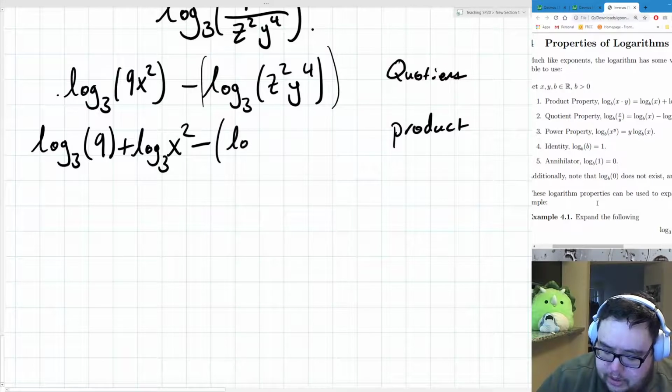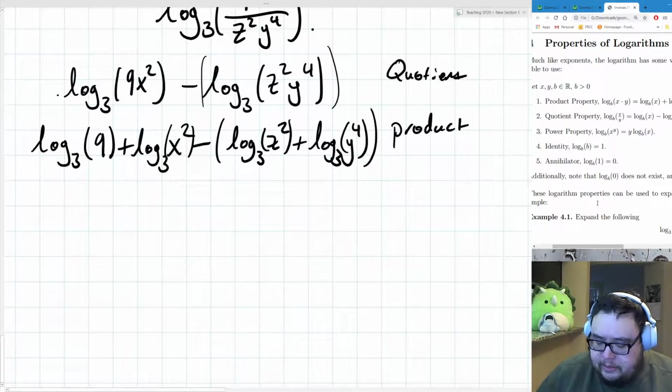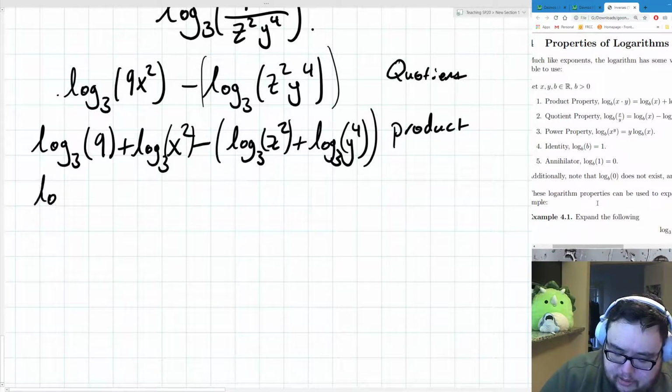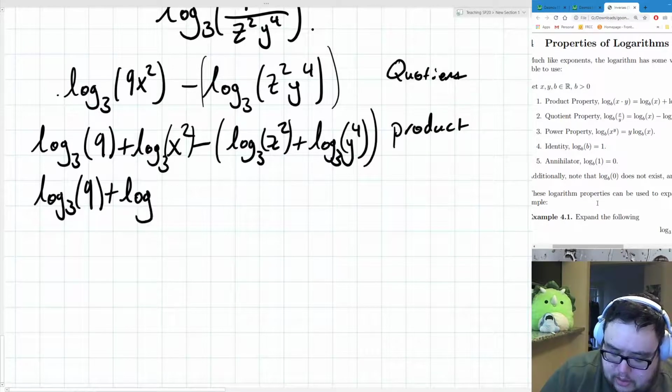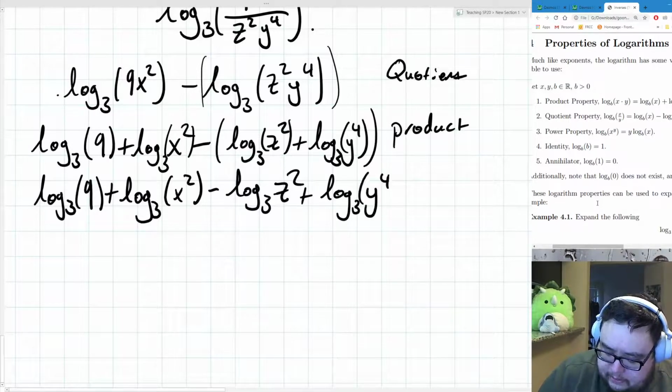We get log base 3 of z squared plus log base 3 of y to the fourth. I'm going to distribute that negative sign real fast. Oh, that should be a minus. That's why I was distributing. Okay.